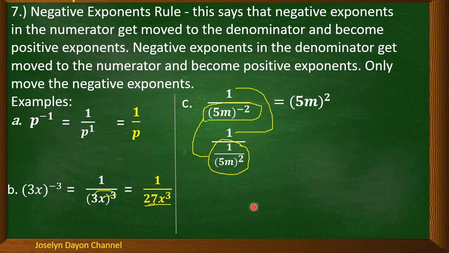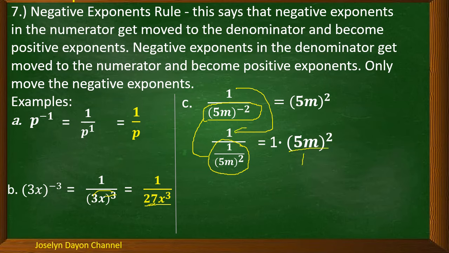So how are we going to simplify this one? So that is 1. Then the denominator part, we have to get the reciprocal. So the reciprocal of 1 over quantity of 5m squared is just equal to quantity of 5m squared. So no need to write 1 since the denominator is already 1.